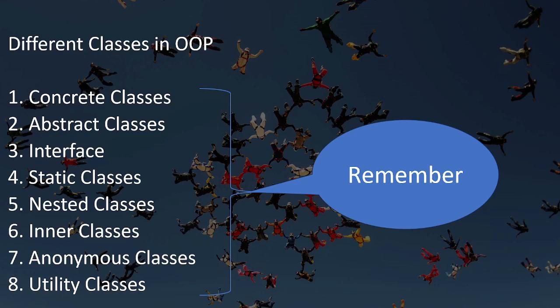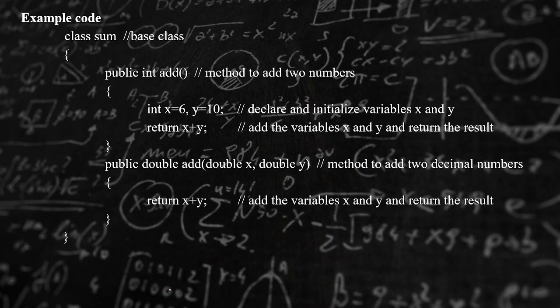So these are the different types of classes in object-oriented programming, and you should keep a note of this. That is why I have put remember. You should be able to remember them, and you can make a note actually, and try to remember all of these. Okay, so let us go to the next one now, and let us see the example.